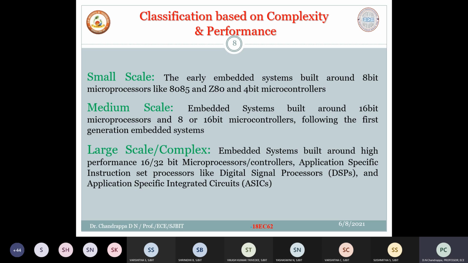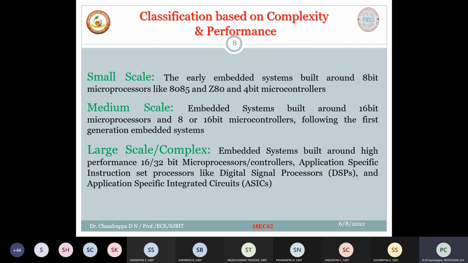The same complexity we are using here. Examples are DSPs, application specific integrated circuits, and very specific related devices. They are developed during this large scale or complex. Till today, we are using these large complex embedded systems.